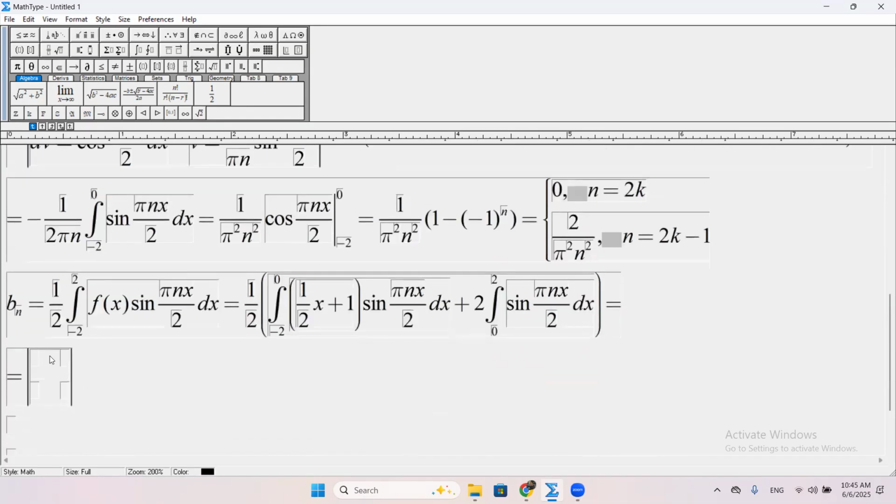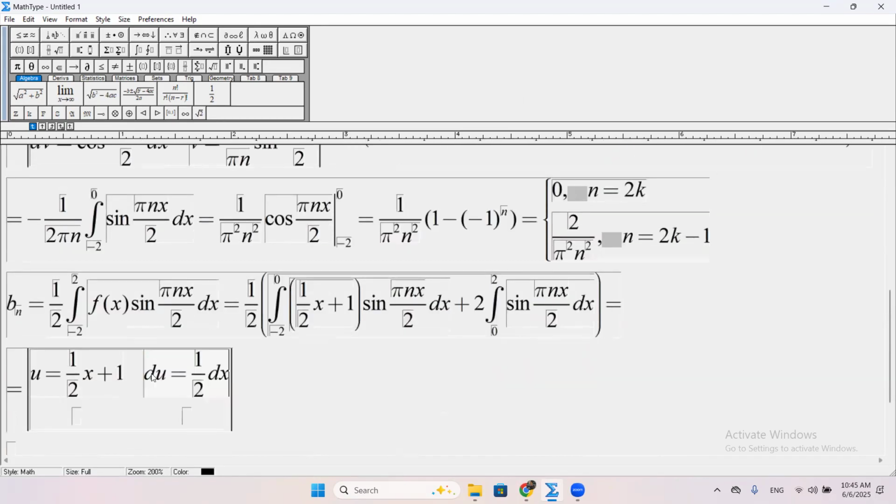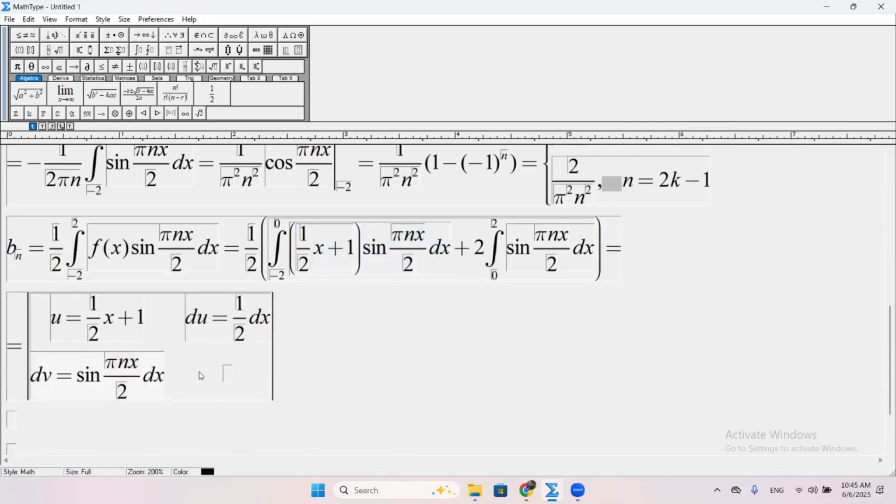Okay, so u equals this expression and du equals 1 over 2 dx. Then, yeah, this integral as well will be calculated by parts. So dv equals sine of pi nx over 2 dx, and v equals minus 2 over pi n cosine of pi nx over 2.